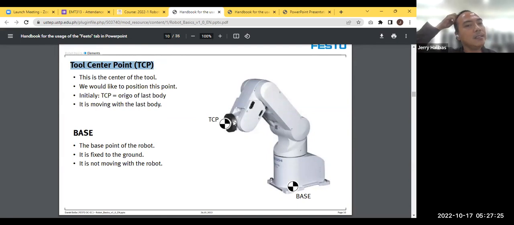Then we have the base, at the bottom. Here in the robot, we have the tool frame with respect to the reference frame. By default this is the base, which is the reference frame. So it should be fixed and should not be moving unless otherwise specified as a translational movement.